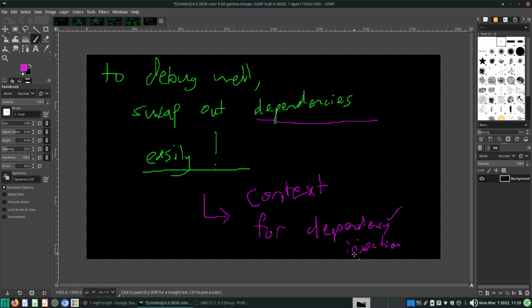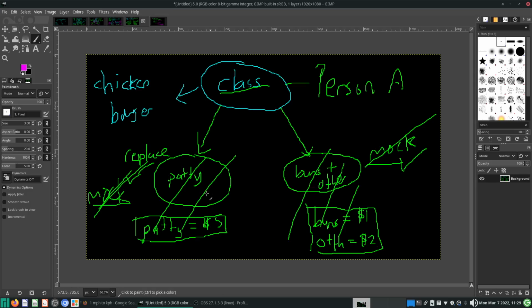We have not talked about what this injection thing is yet. The idea of injection will be a little more clear when we actually do code. If we actually code things out, we can talk about how injection works.